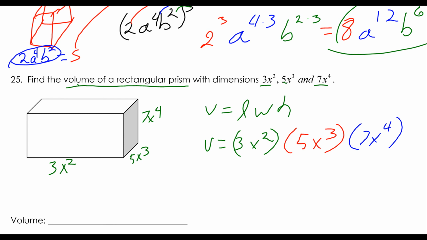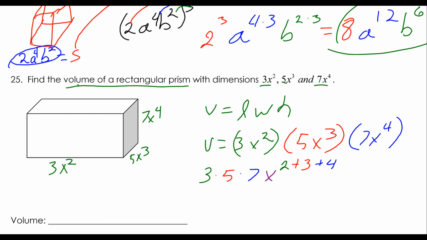So what this is going to do is this is going to be 3 times 5 times 7 times x to the 2 plus 3 plus 4.